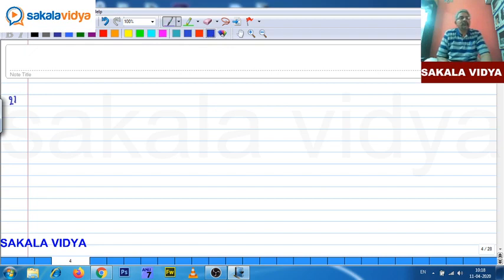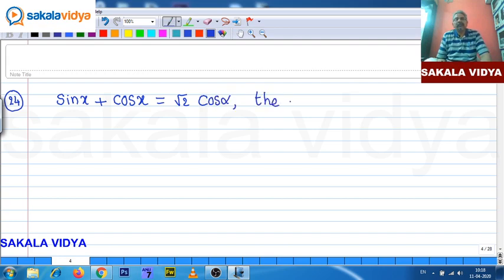So the 24th problem: sin x plus cos x is equal to root 2 cos alpha, then x equal to.